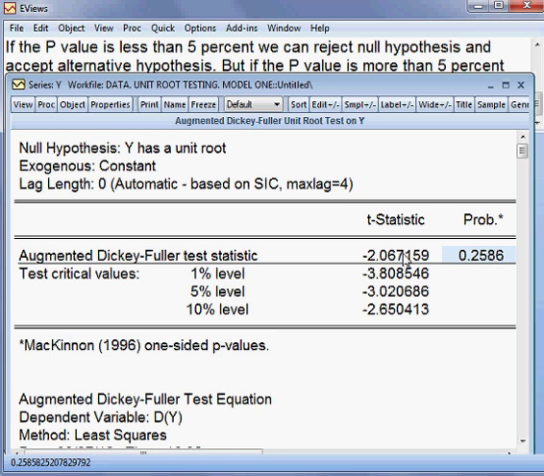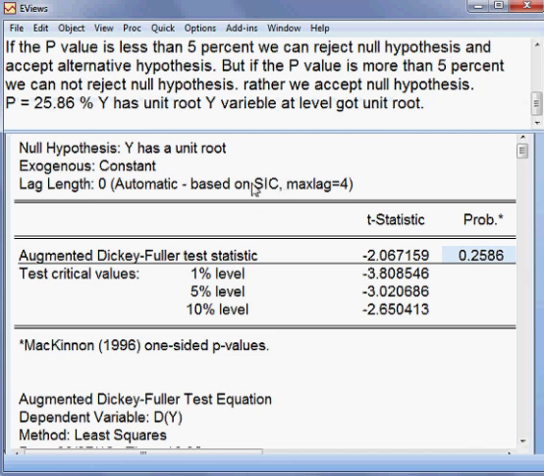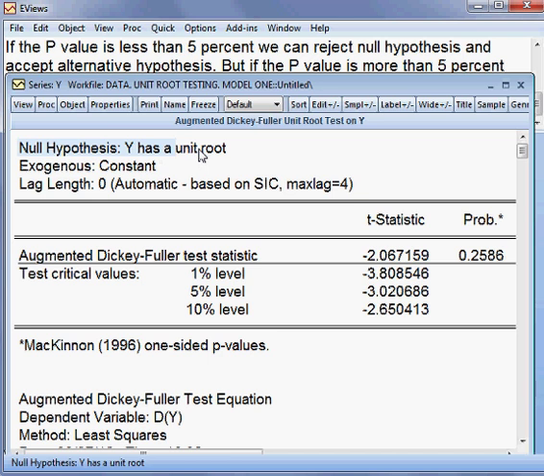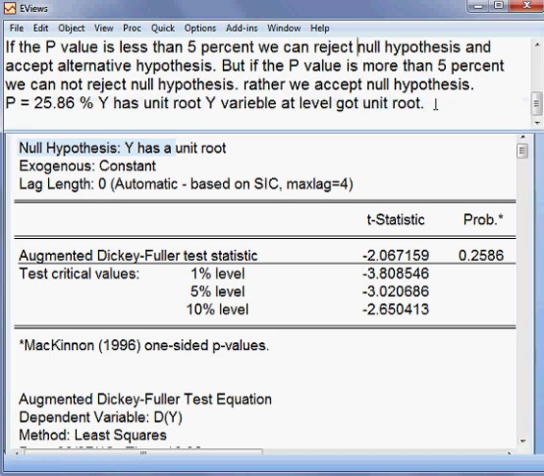So that means Y has a unit root. That is already checked. But make sure.